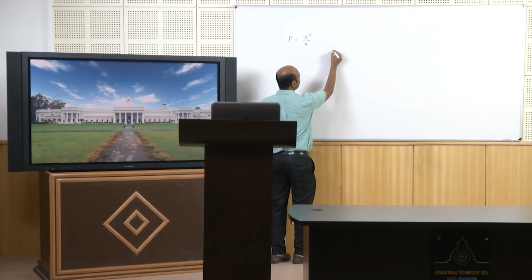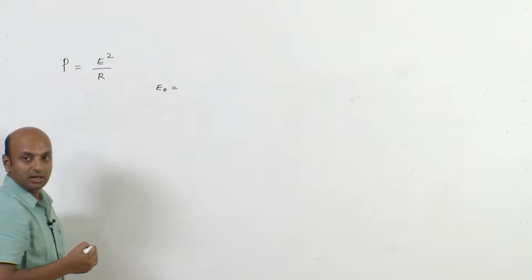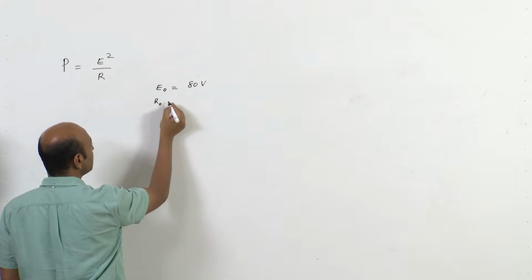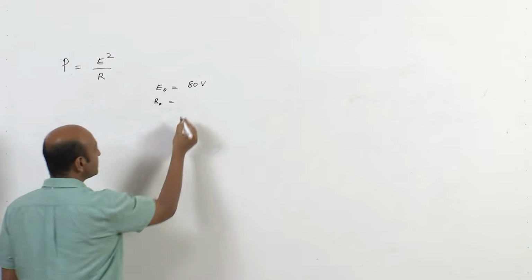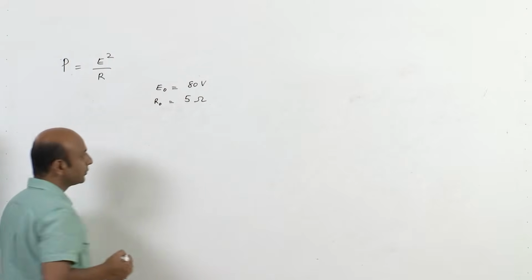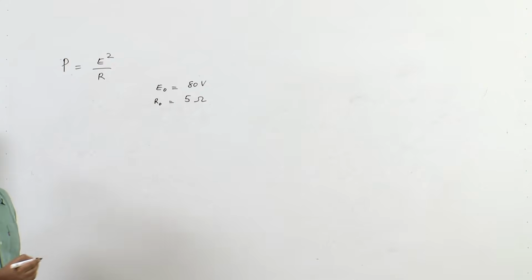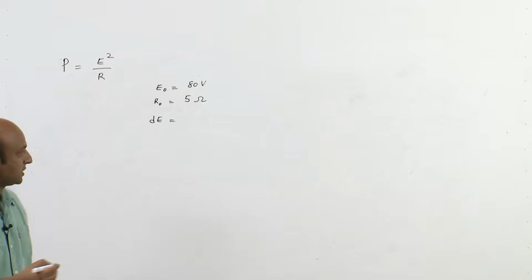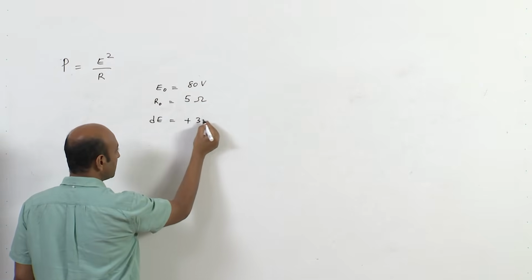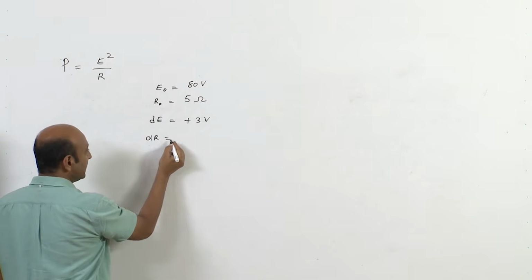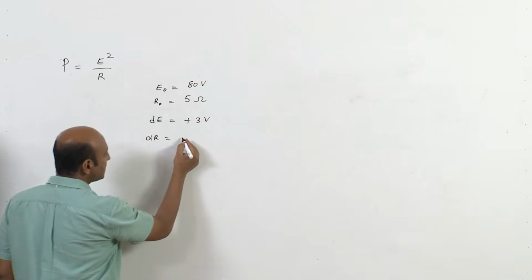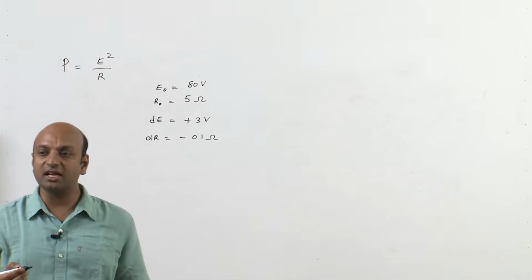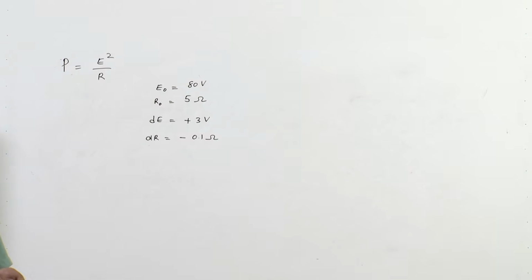Here E naught is 80 volt and R naught is 5 ohms. dE is plus 3 volt, since it is increased by 3 volt, and dR is minus 0.1 ohm, since it is decreased by 0.1 ohm, and we have to find the corresponding change in the power consumption.